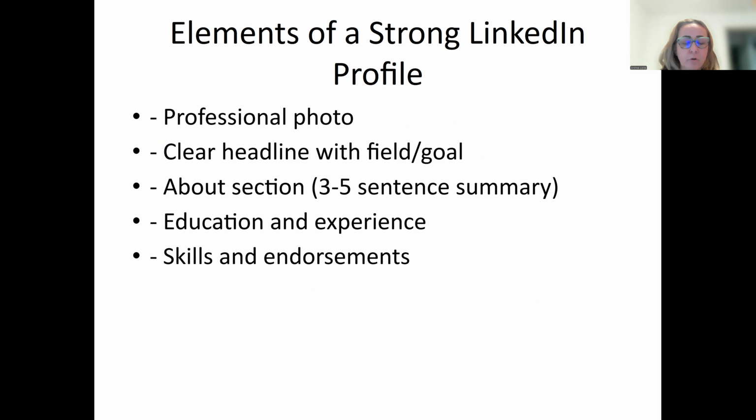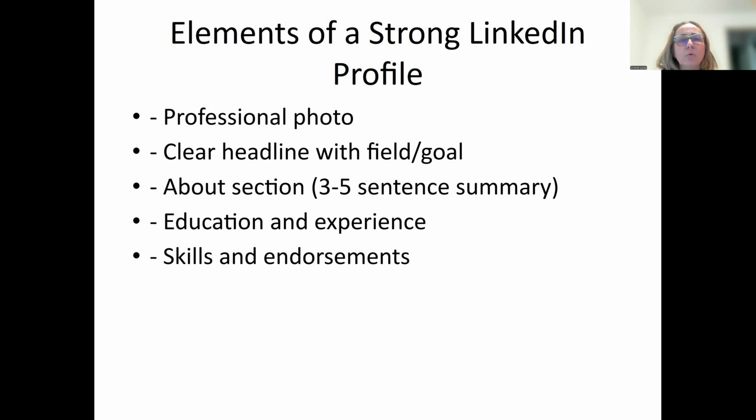Then you should think about a headline, a short phrase describing your professional role or goal. For example, business analyst skilled in data visualization and reporting. Look up maybe people that you admire on LinkedIn and check out their profiles.